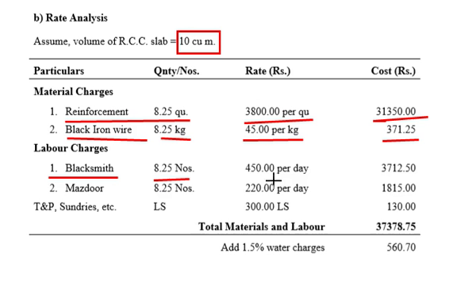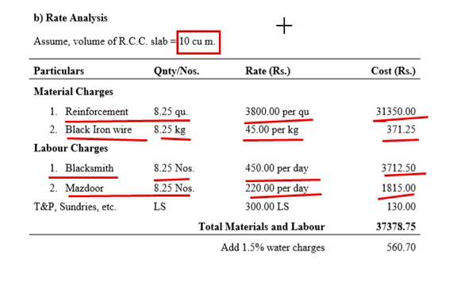Labor charges: blacksmith 8.25 number, 450 per day, that is 3712. Blacksmith is skilled labor, very much skilled for the steel work, for binding, bending, placing, etc. And Majdur as a helper, that will be 8.25 number, 220 per day. What does that mean?